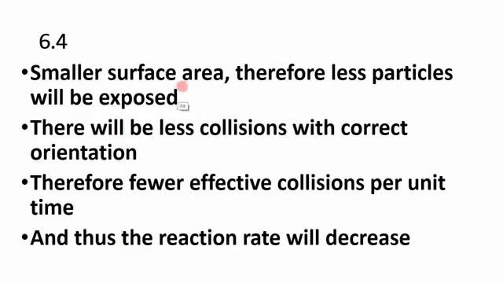So with a smaller surface area, fewer particles are exposed, then there will be fewer collisions with correct orientation. So this limits our collisions with the correct orientation. And if there are fewer collisions with correct orientation, that means there will be fewer effective collisions per unit time, and thus the reaction rate will decrease.